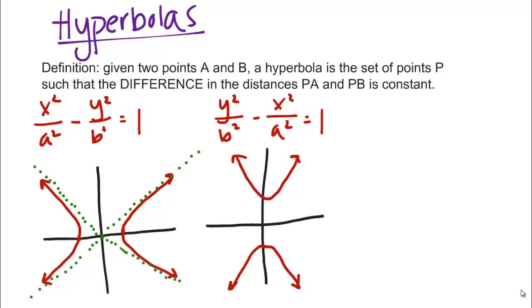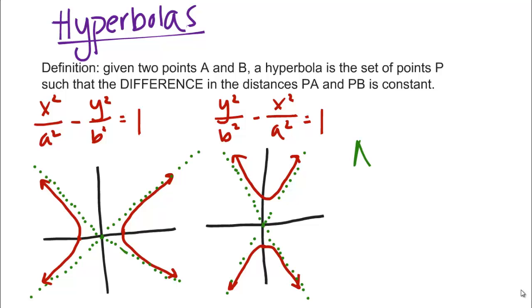They are approaching lines way off at the end, kind of the axes of the cone that we sliced through. So for this second hyperbola, the asymptotes would be here and here. Now you might be wondering, how do I find the equations of those asymptotes?